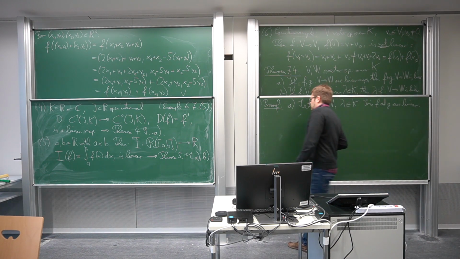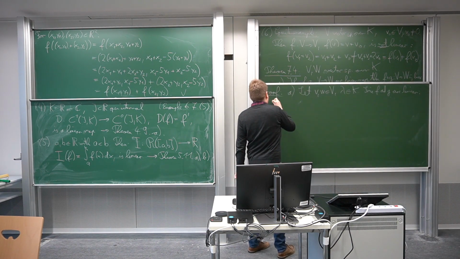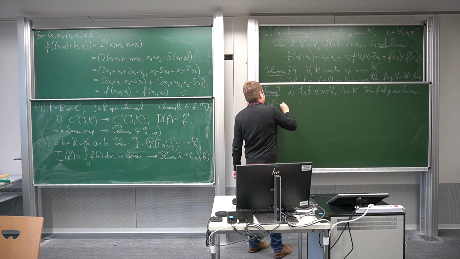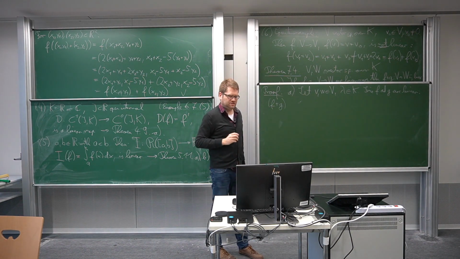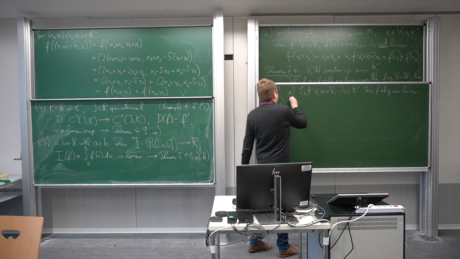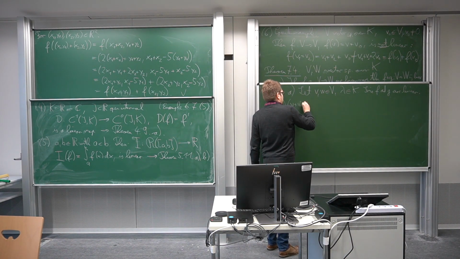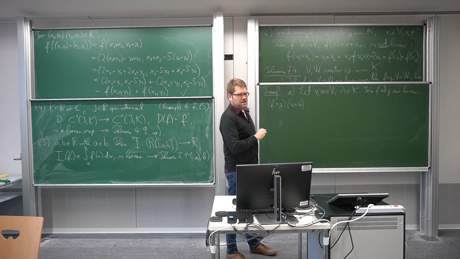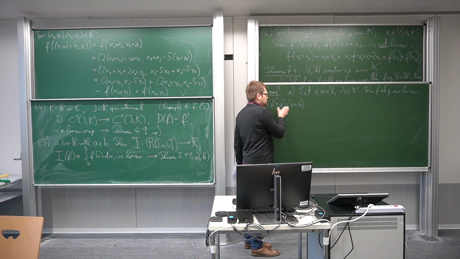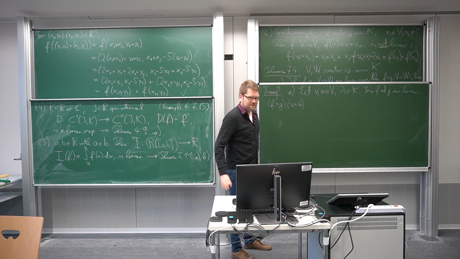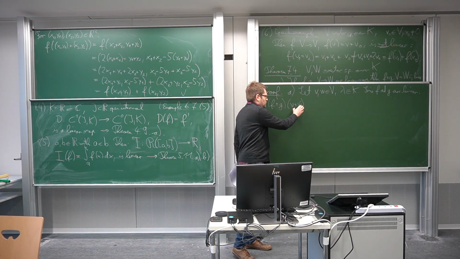So we need to show that the sum F plus G is linear. This means that (F plus G) of v plus w has to be (F plus G) of v plus (F plus G) of w.